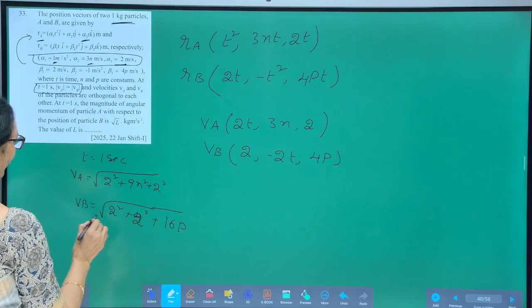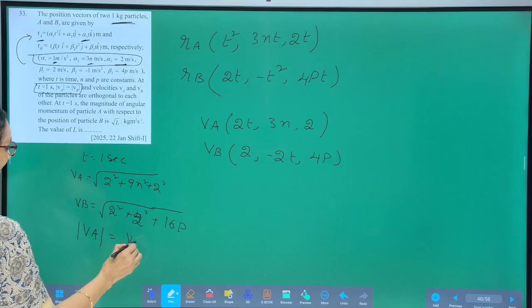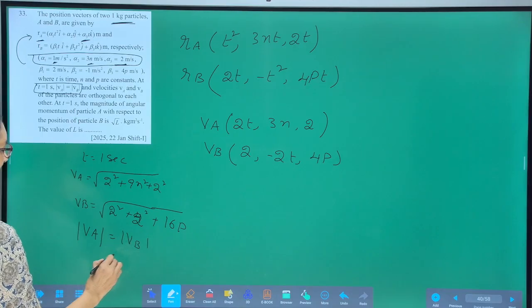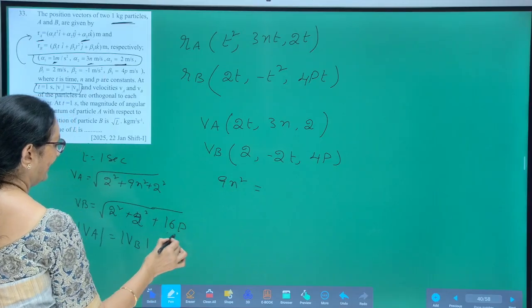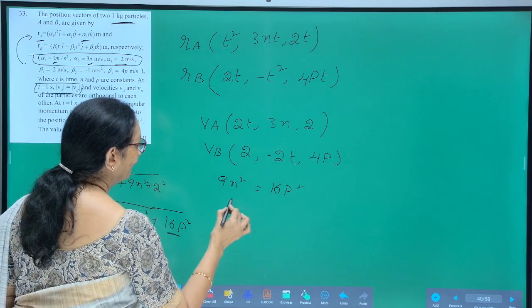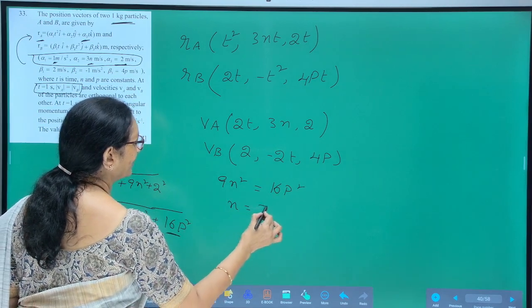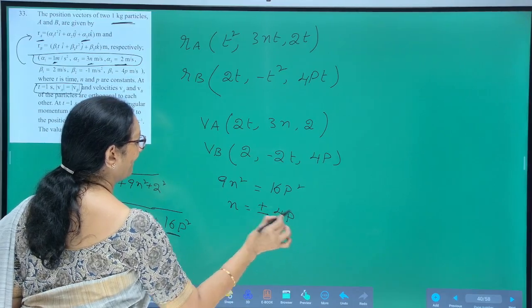So, if you equate these two, magnitude of VA is equal to magnitude of VB, which implies 9n square is equal to 16p square. From this, n is equal to plus or minus 4 by 3p.